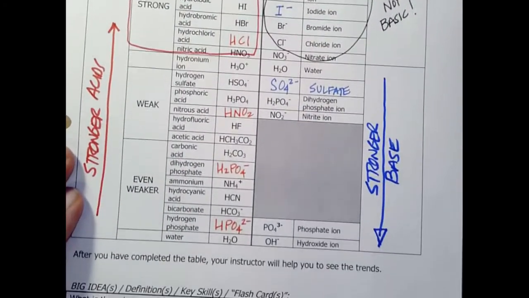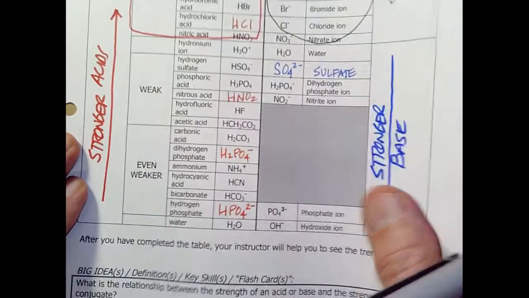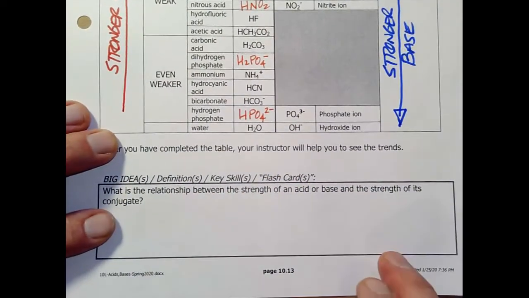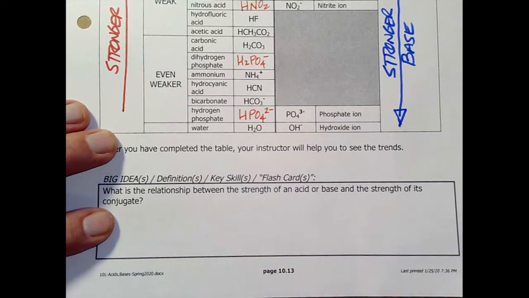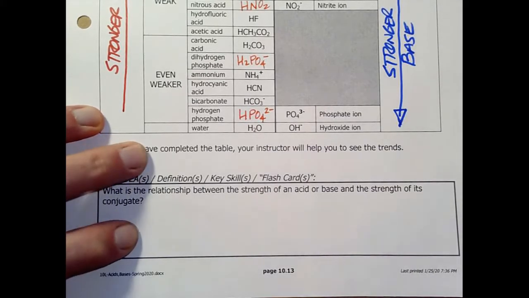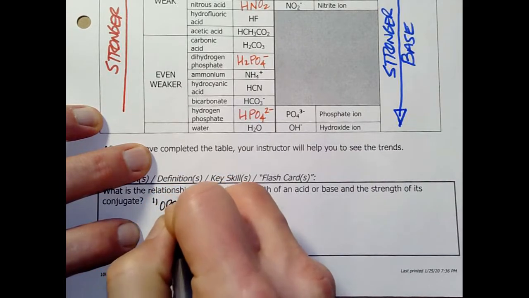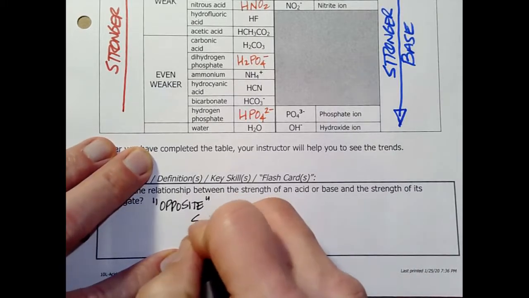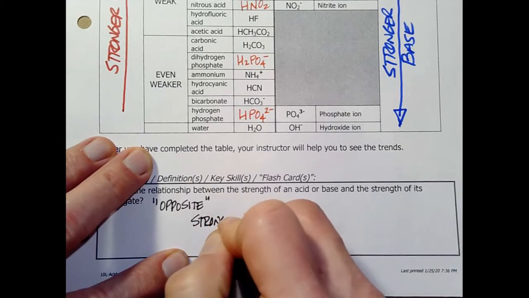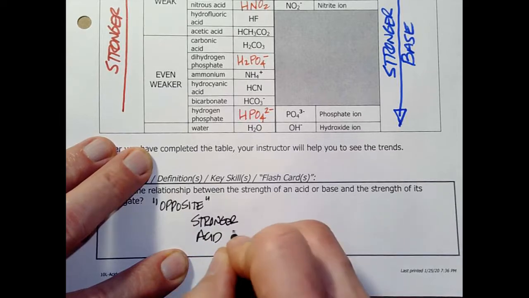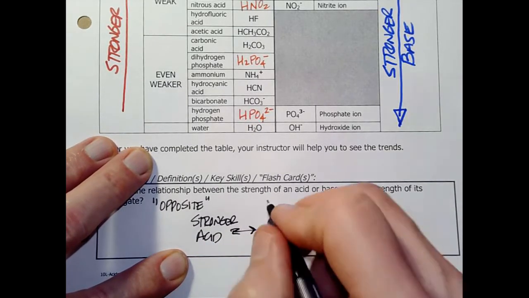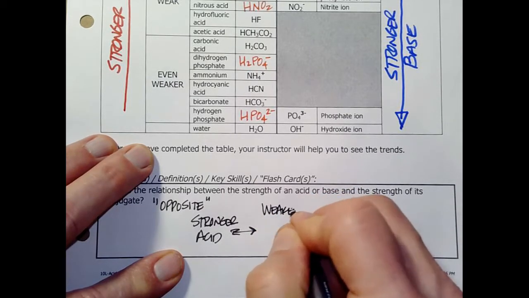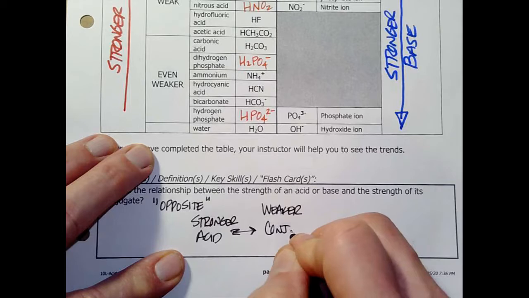Okay, so we can summarize this at the bottom of this page. The trend in terms of relative acid strength and relative conjugate base strength, we say they're opposite. Stronger acid correlates with the weaker conjugate base.